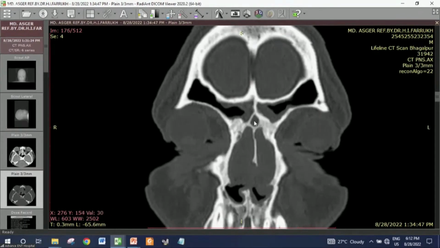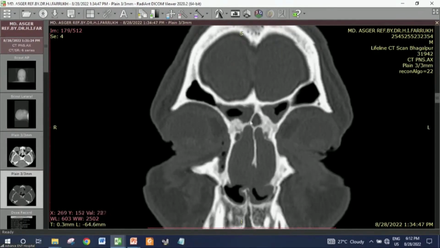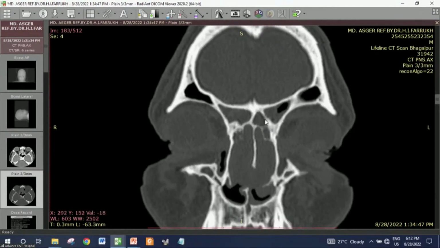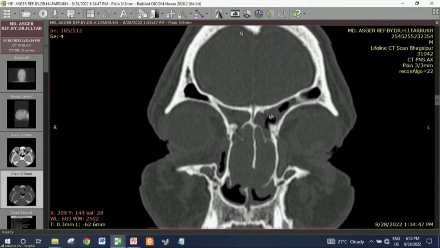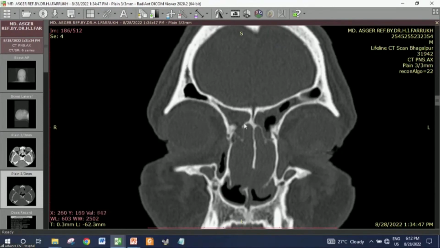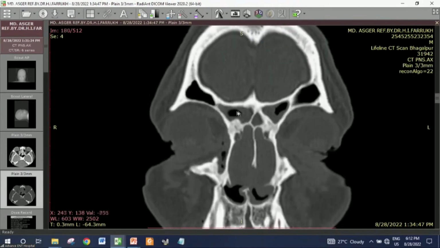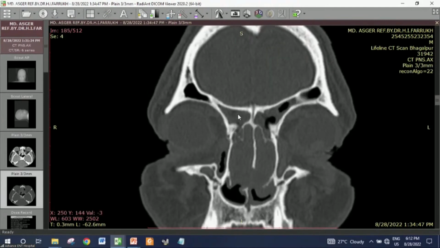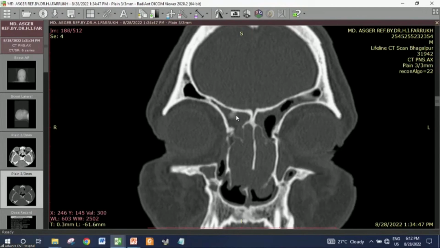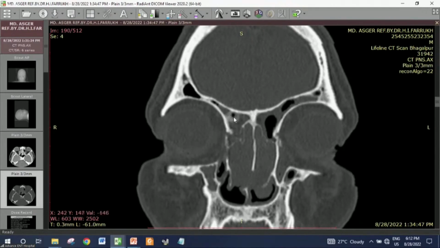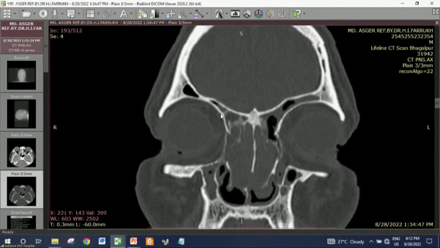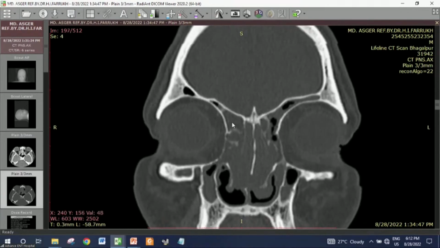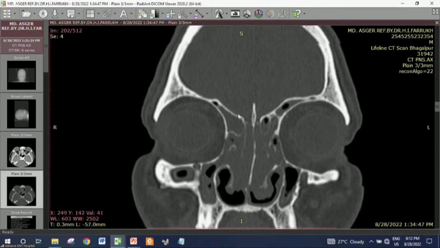As I go behind, the left side is the intersinus septal cell which communicates to the left sinus. See this? Now, on the right side, see this is the frontal sinus on the right side, and as you go behind, a cell comes. See this cell, and it occupies completely till the skull base.